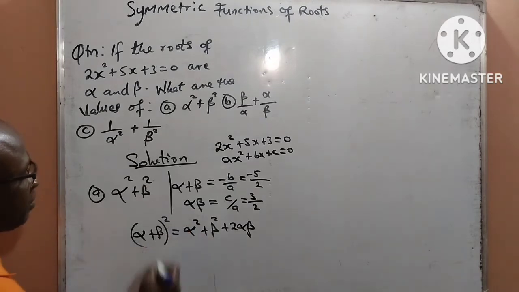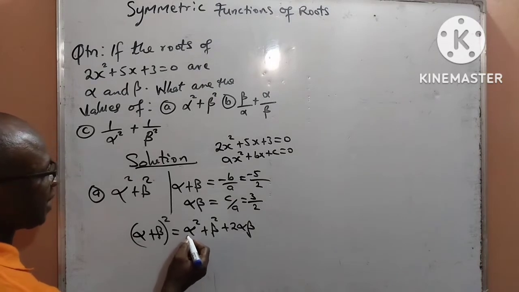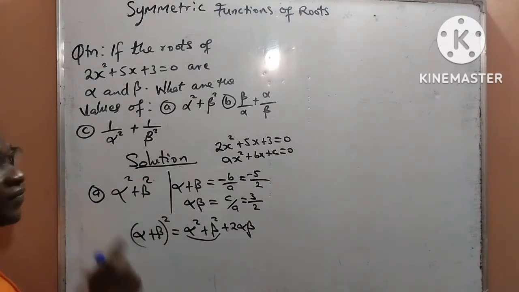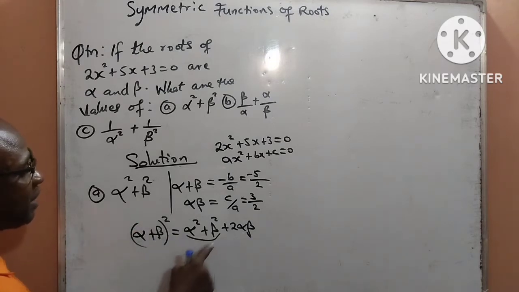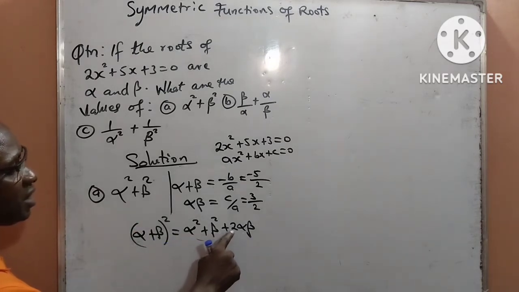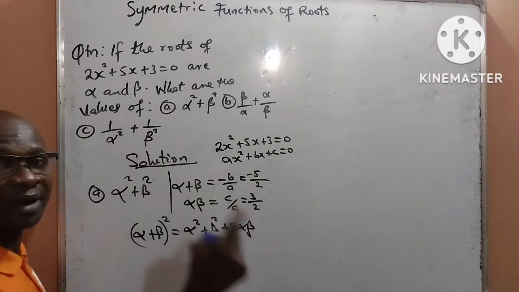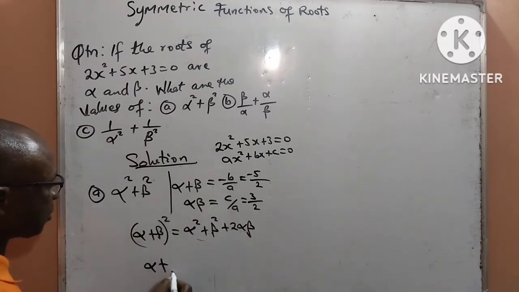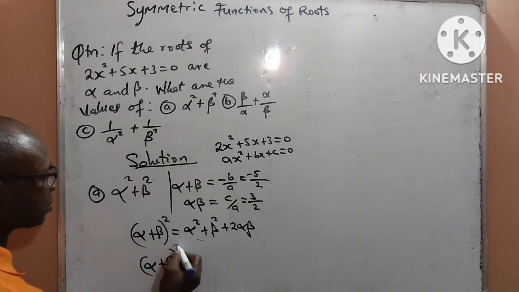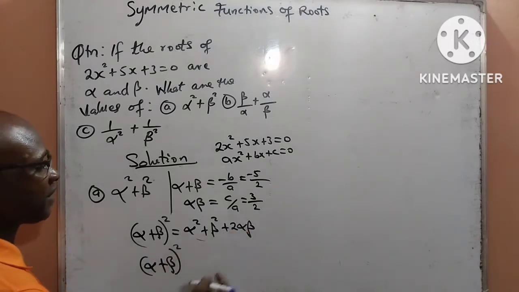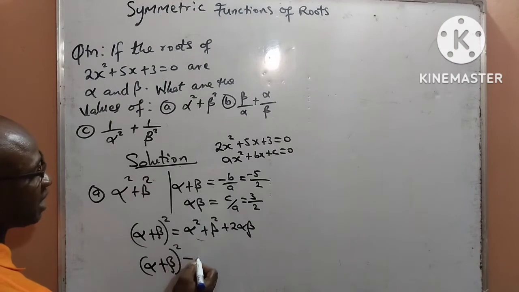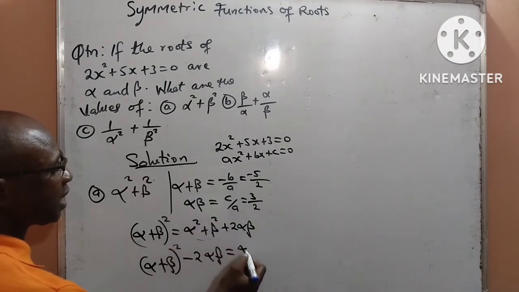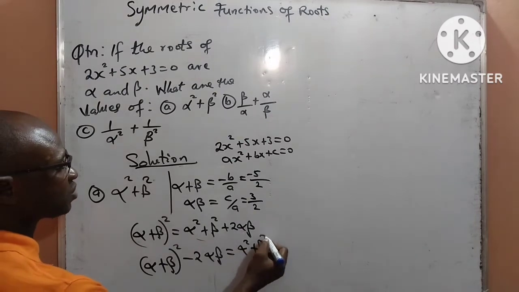And from here you can see with me that I have alpha plus beta, which is exactly what I am given to find. So I can make alpha squared plus beta squared the subject of the formula, and that implies that I shall take 2 alpha beta from the right hand side to the left hand side, to now get (alpha plus beta) squared minus 2 alpha beta equal to alpha squared plus beta squared.